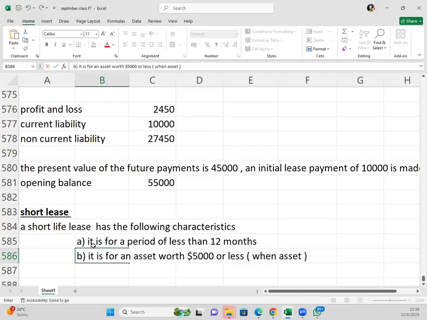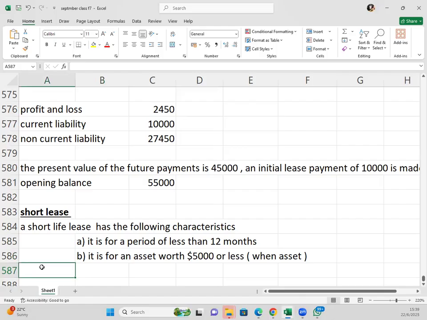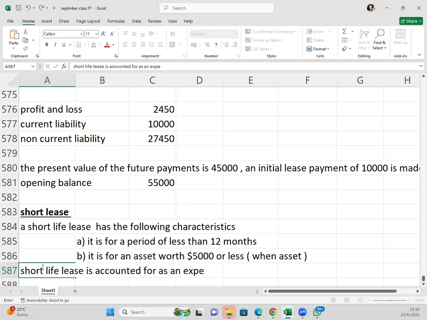So if it is a short lease, how are we going to account for it? The short lease is accounted for as an expense.